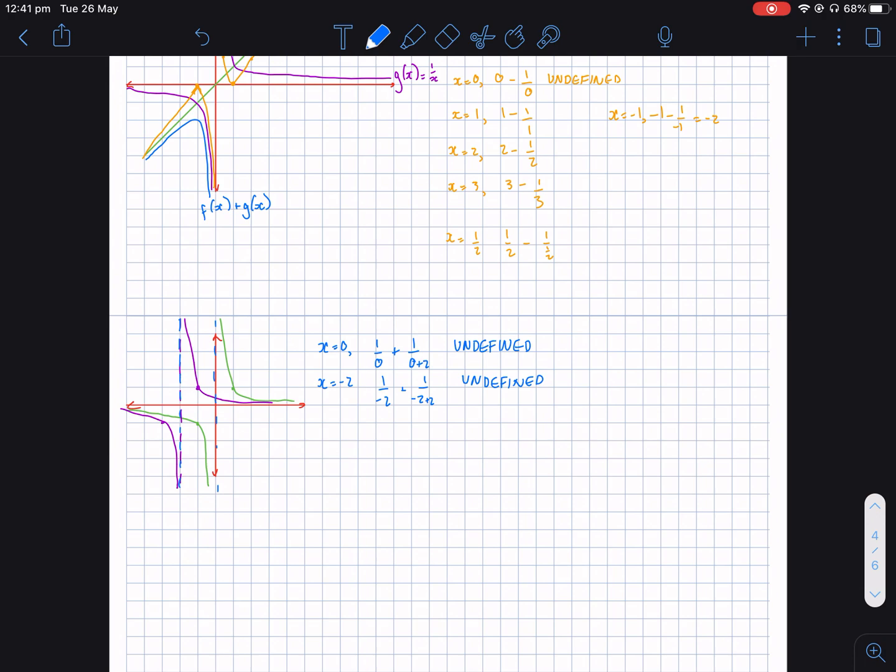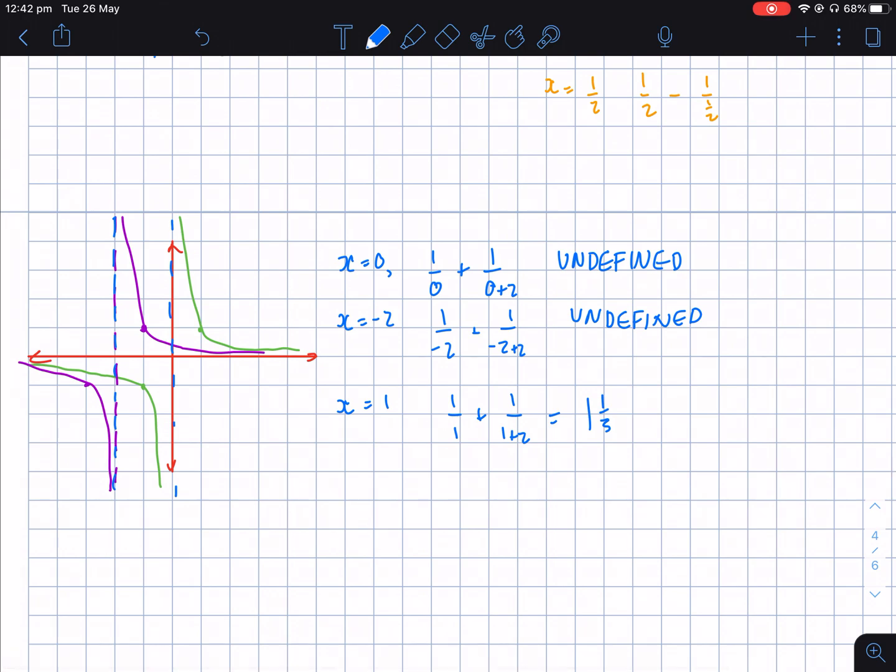Okay. And a third. Okay, so when x equals 1, we've got 1 and a third. We've got half plus a quarter. So we're going to have numbers slightly bigger than those.